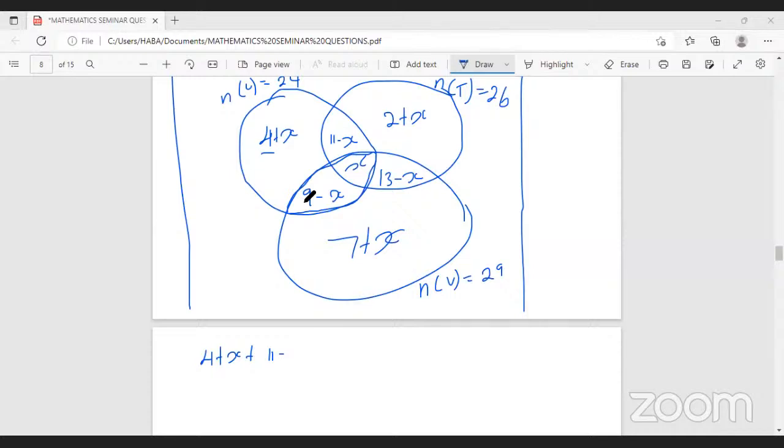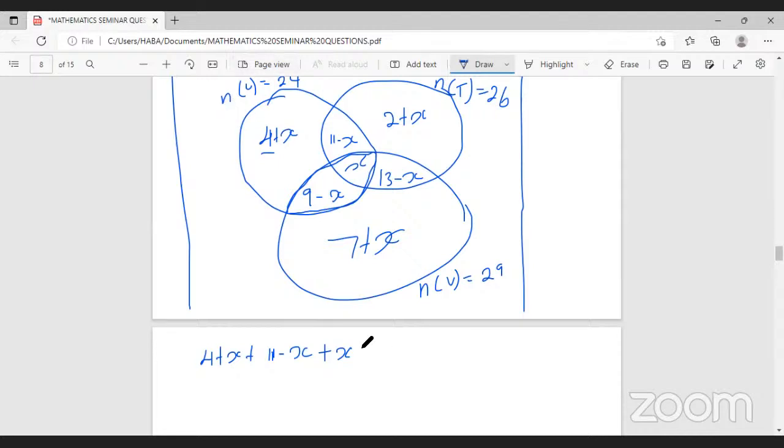Okay, so since now we have these values 4 plus x, 11 minus x, 9 minus x, 7 plus x, 13 minus x, 2 plus x, we are going to sum up all the values in the 3 sets and we equate them to the universal set consisting of 50.